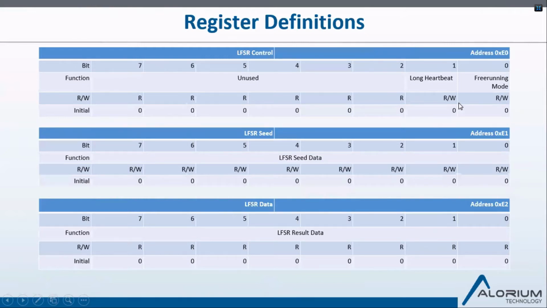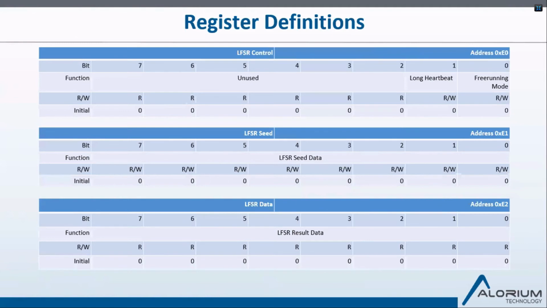There's also a heartbeat bit that controls whether or not the heartbeat signal happens at a long interval or a short interval, and that's useful with the free running mode. So the default behavior for the heartbeat is to toggle every 10 advancements of the LFSR. Now, if the clock is running at its full 16 megahertz, you would never see the heartbeat toggle. That's not very useful.